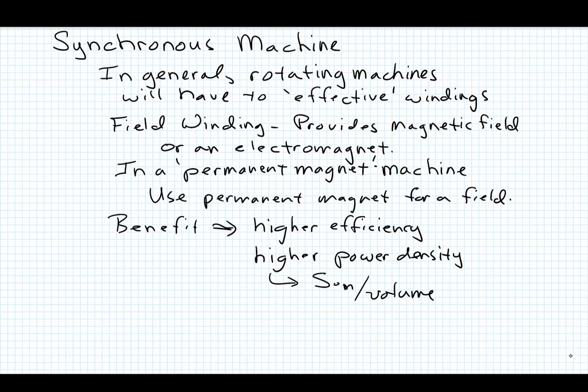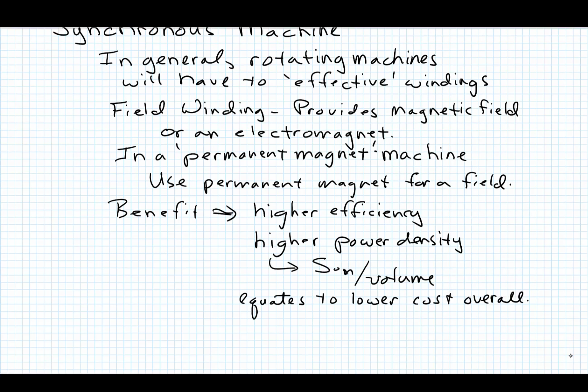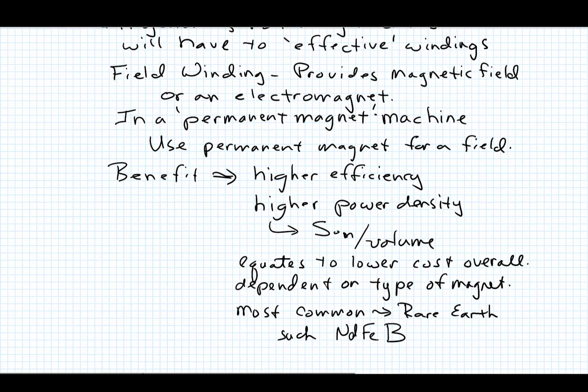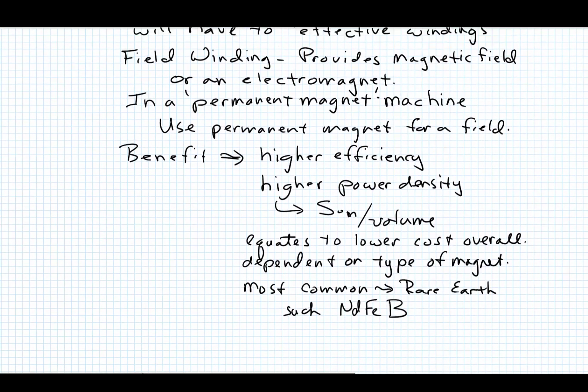And that equates to lower cost overall. It also is dependent on the type of magnet, the most common being, in our day and age, rare earth magnets, such as neodymium iron boron.